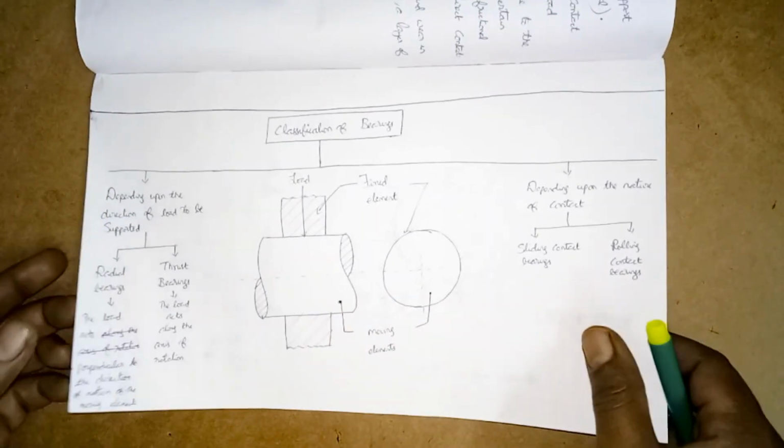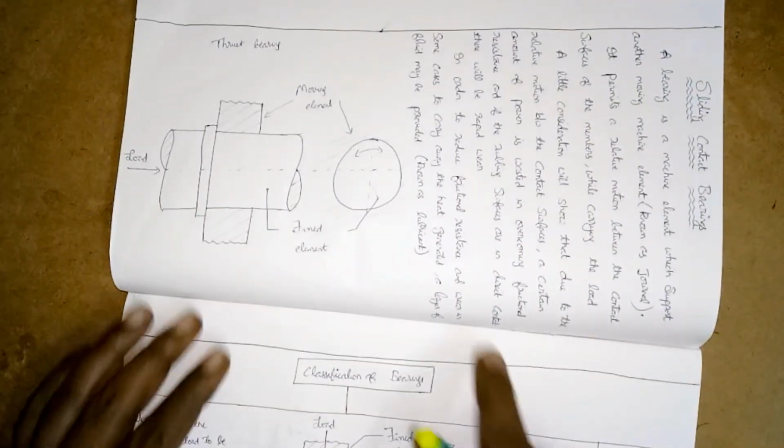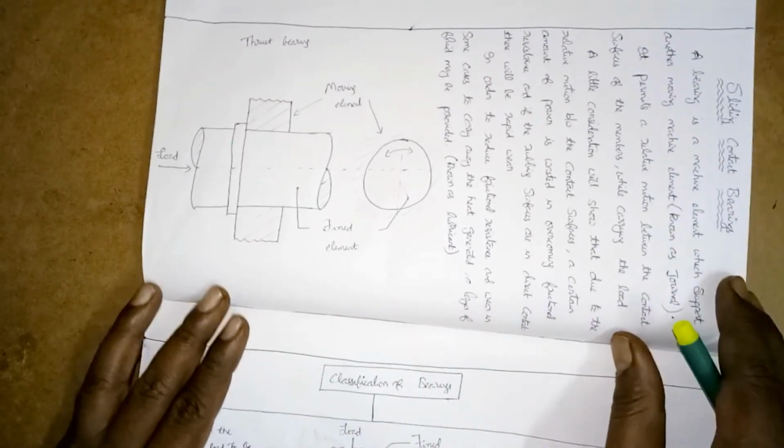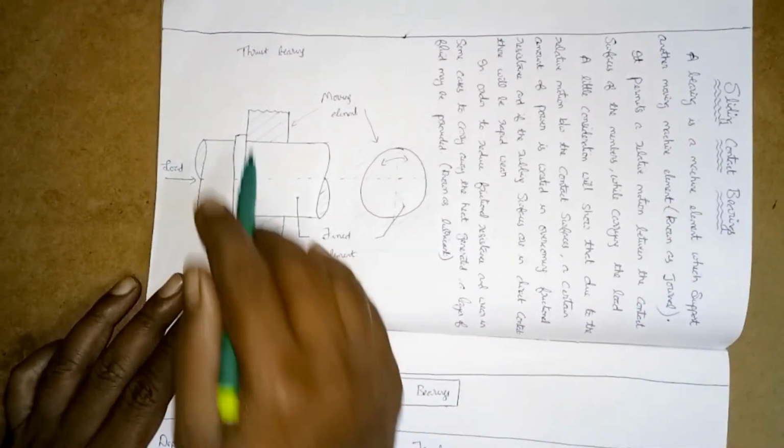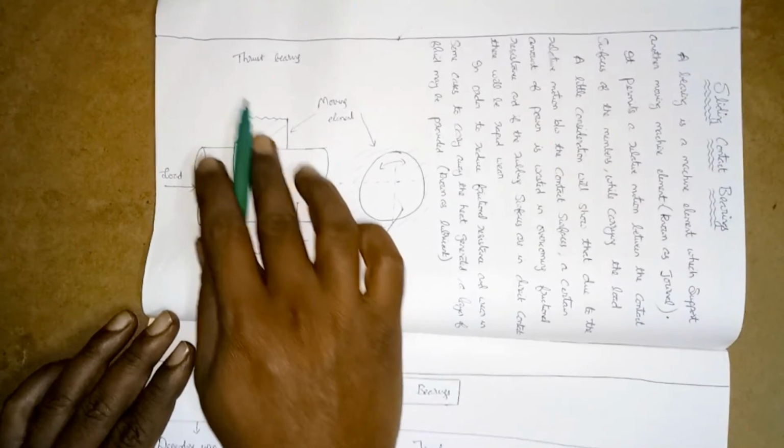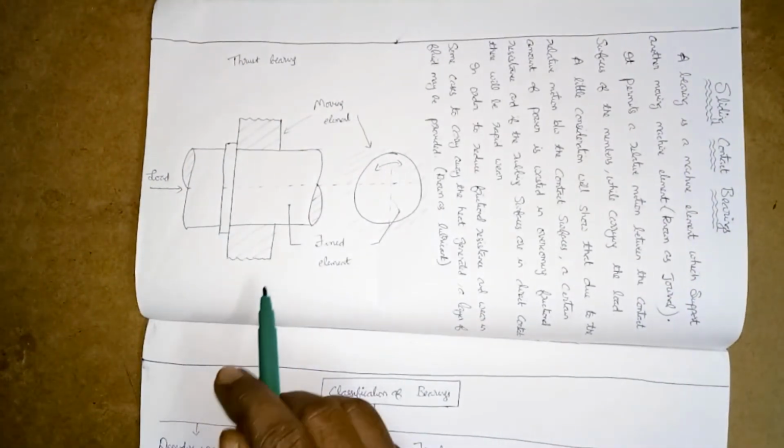Next, thrust bearing. Here we have the diagram of the thrust bearing. You have to write a good heading for your classification.